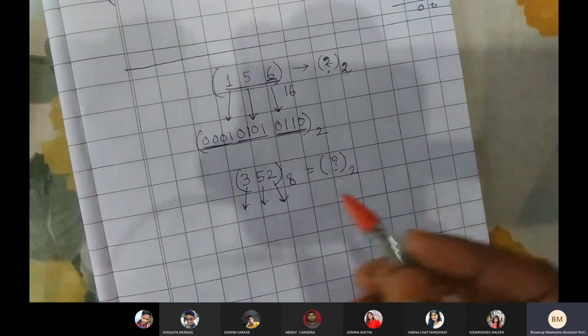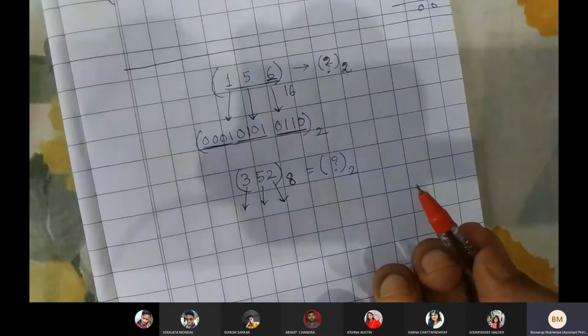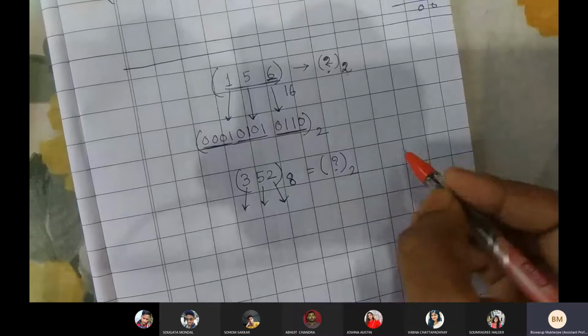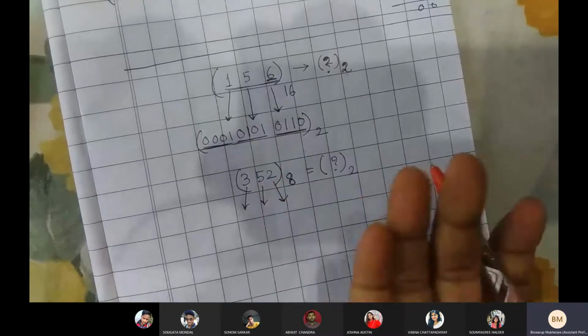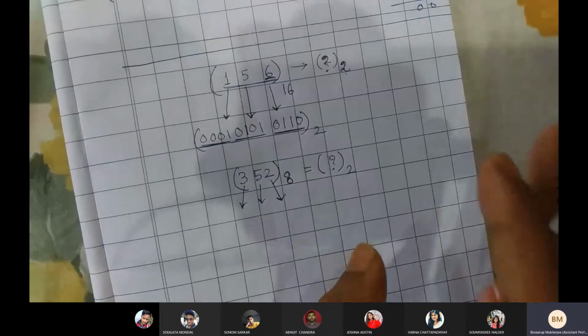3-bit binary, because in the octal number system the maximum value can be 7, right? So in the octal number system, the digits can be either 0, 1, 2, 3, 4, 5, 6, 7. Only these values can be there.